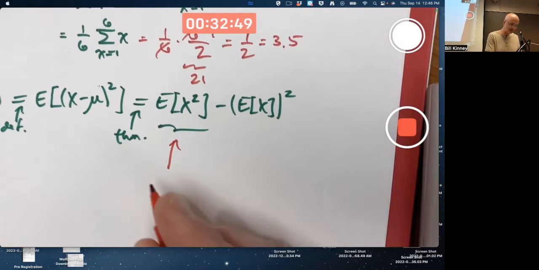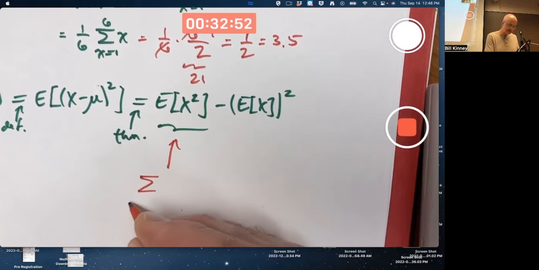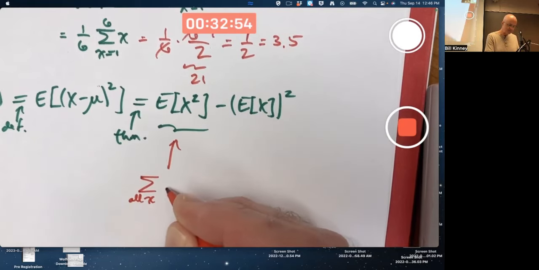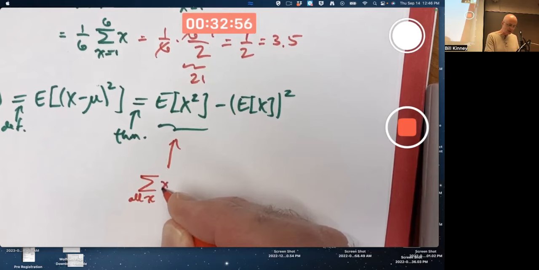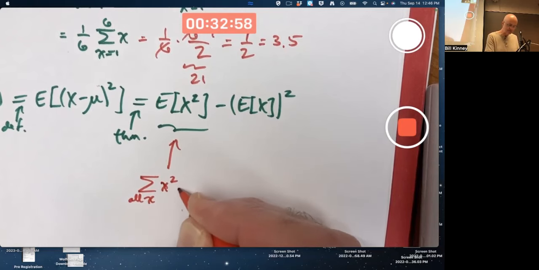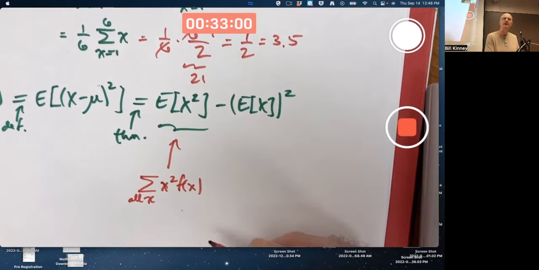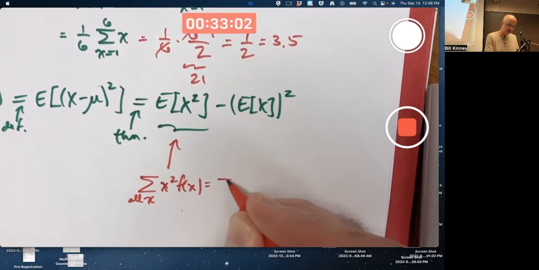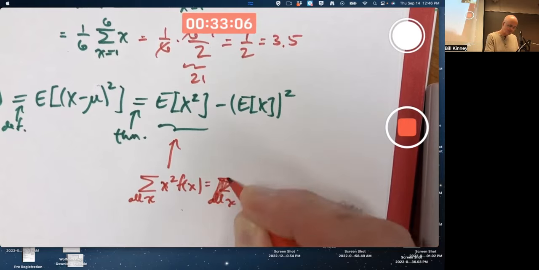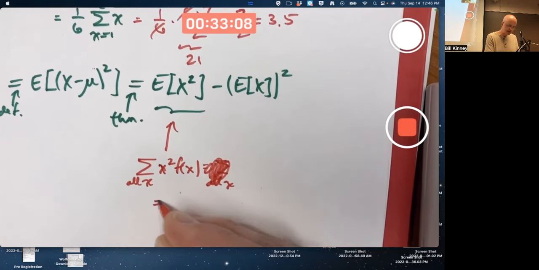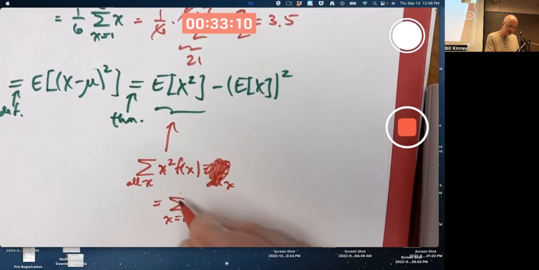In general, this expected value is the sum over all x of x squared times the PMF values. Which for our example is going to be the sum, x goes from 1 to 6, of x squared times 1/6.